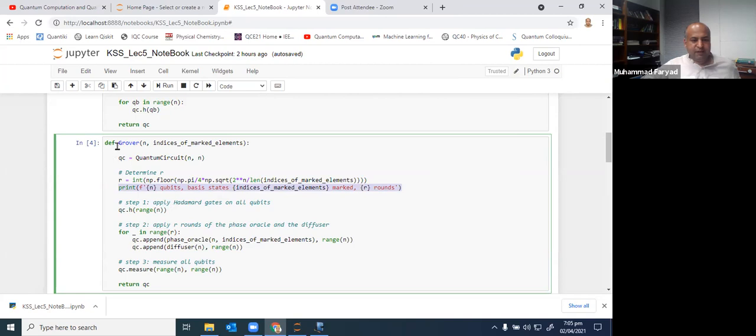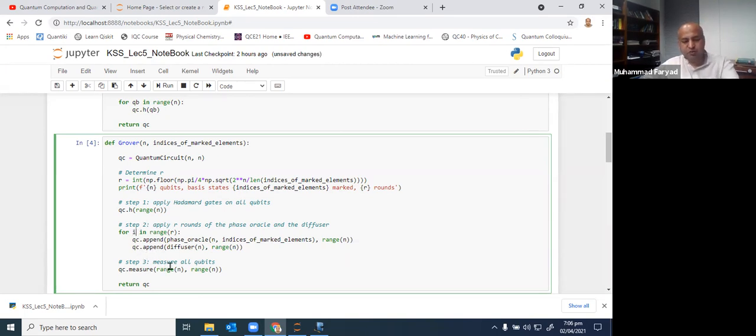And now this Grover circuit has Hadamards on all the qubits to prepare the S state. And in step 2, I perform R times this phase oracle and diffuser on my state S. So this is a bit of a funny way: in Python, I'm using this underscore as a variable, which sometimes people do when they're not going to use that variable in the program per se.